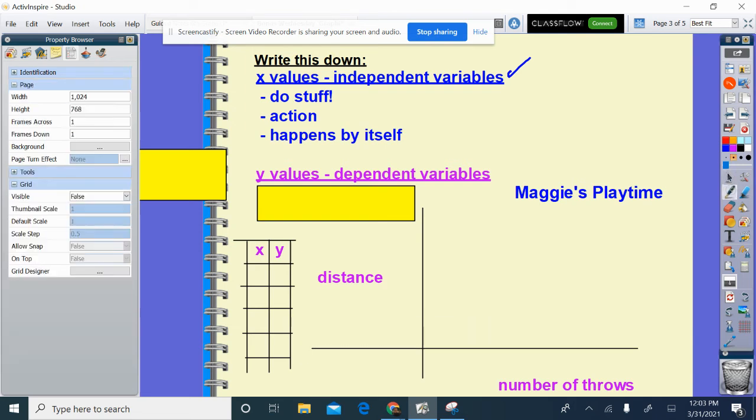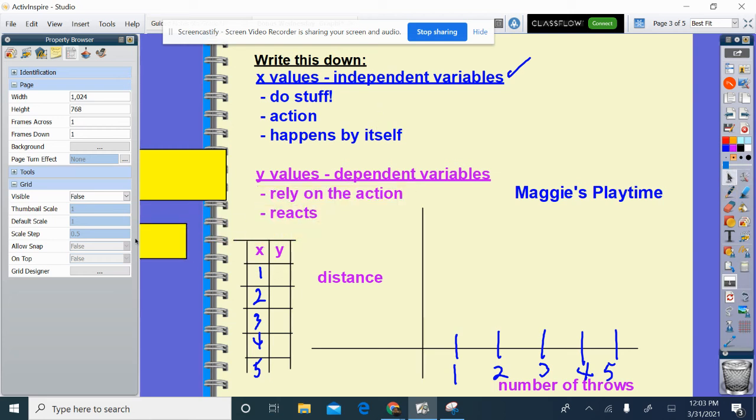So for example, I can start graphing down here the number of throws that I do. So I have 1, 2, 3, 4, 5 throws. So I keep track of the number of times I throw the ball. The dependent variable is your y value, and that means that this one relies upon the action.